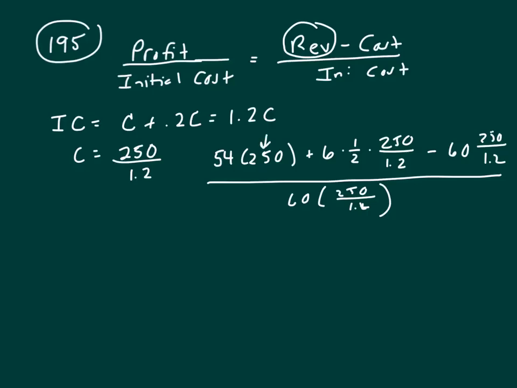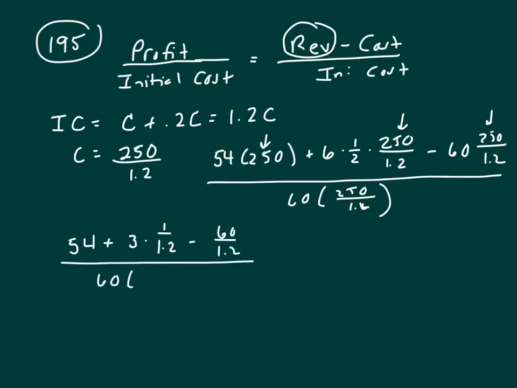All right, so what I would like to do first, I'd like you to note that every term has a 250. So let's divide every term by 250. I need some more space here. So that's going to be 54 plus 6 times 1/2, well, that's a 3, times a 1 over 1.2, minus a 60 over a 1.2, because the 250 is gone, all over a 60 times a 250. Oops, I'm sorry, 250 is gone.